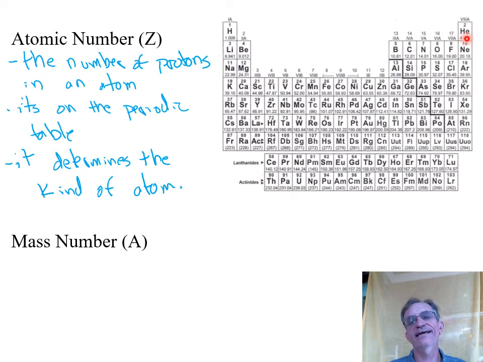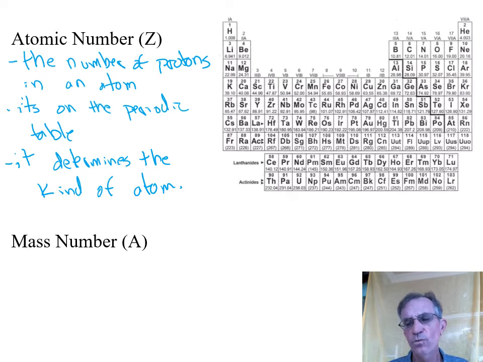If I said, I find an atom and it has, I don't know, 10 protons, what kind of atom is it? Well, if you've got 10 protons, you're a neon atom. Or if I say, there's an atom I found and it's got 20 protons, what kind of atom is it? It's a calcium atom. So the number of protons is on the periodic table and it goes with the symbol. If you've got 26 protons, you're an iron atom.